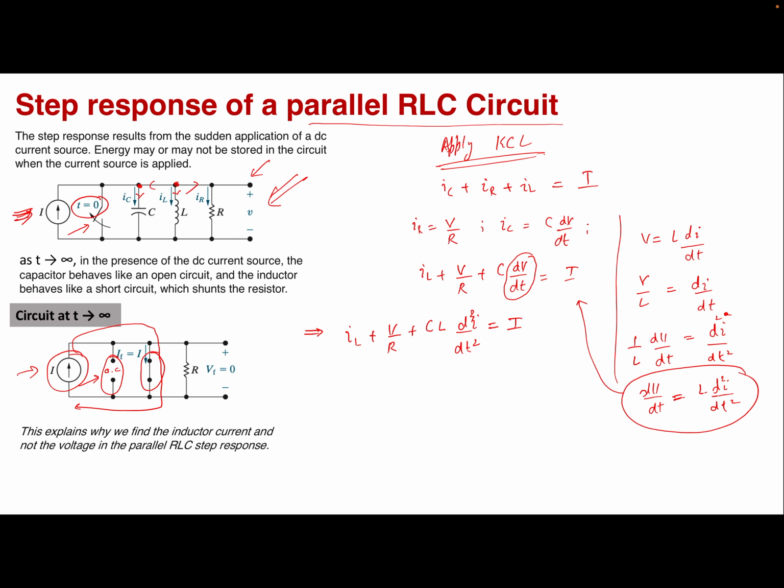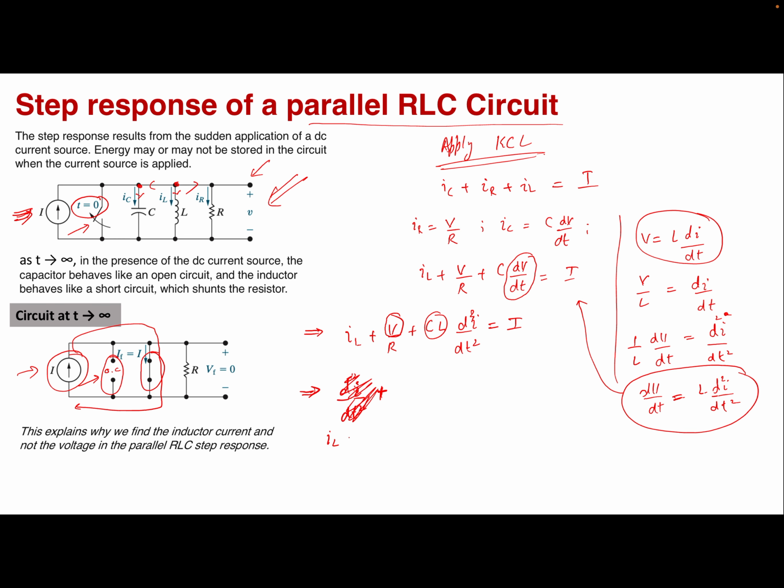Whenever we are writing a second order differential equation, the double derivative usually comes without a constant. So in order to standardize this, I'm going to divide the whole thing by LC. Sorry, there's one more thing. Over here we have a voltage, and this voltage can also be replaced by L dI by dt. So let me rewrite this equation again.